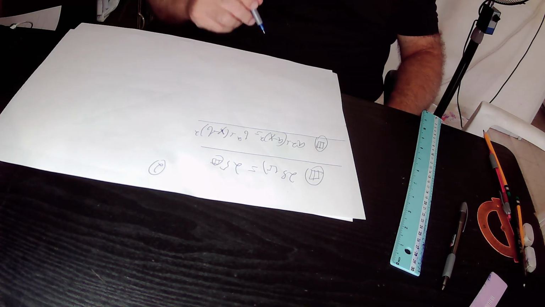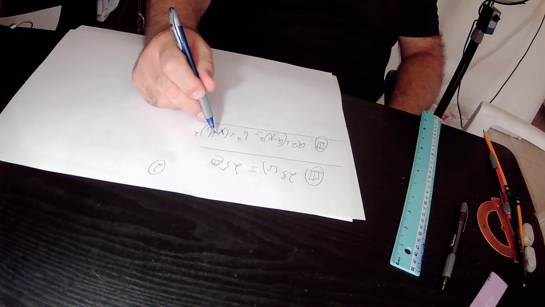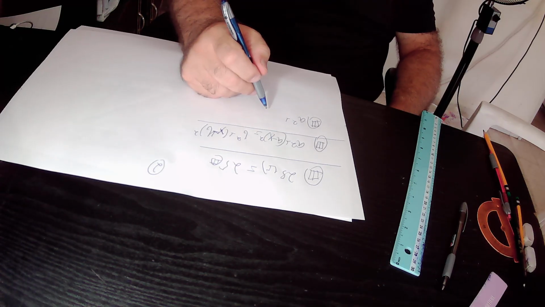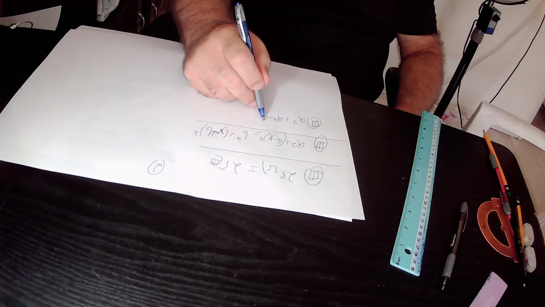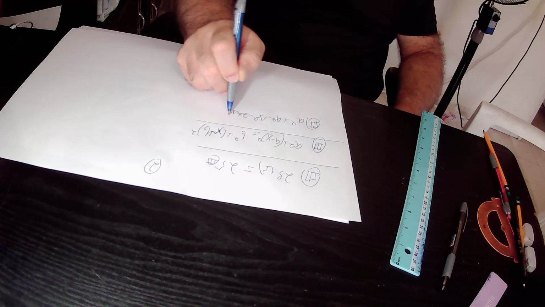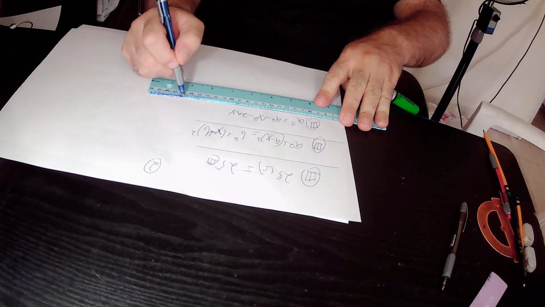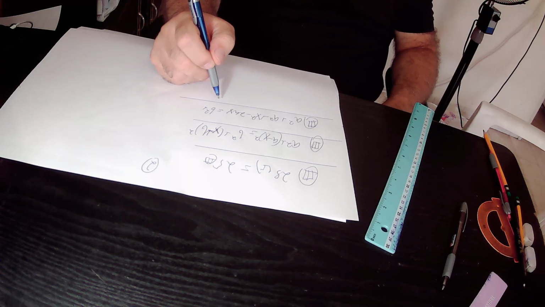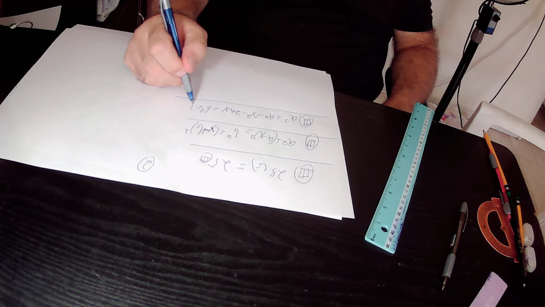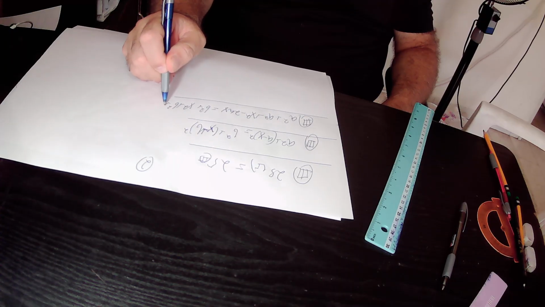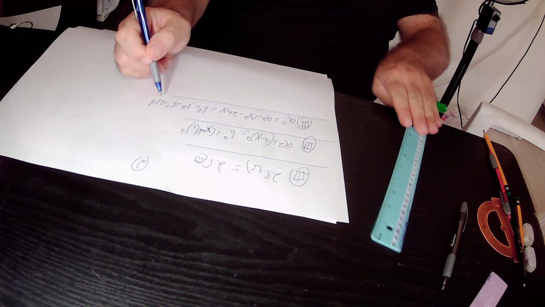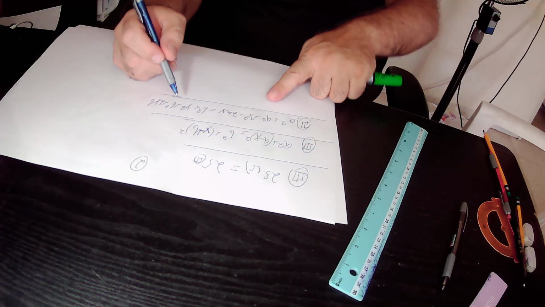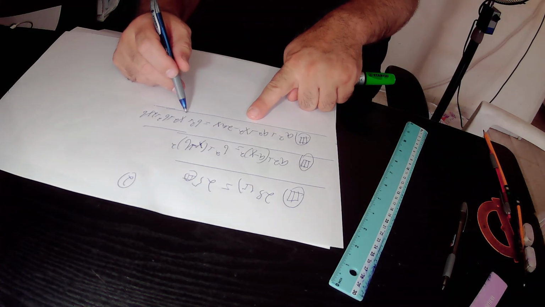Here we will open the brackets on both sides of equation 3, and we get that (A minus X) squared equals A squared plus X squared minus 2 times A times X. And this equals B squared plus (X plus B) squared, where (X plus B) squared equals X squared plus B squared plus 2 times X times B. Here we have X squared on both sides of equation 3, so X squared will get cancelled.